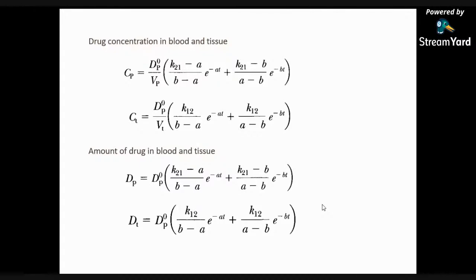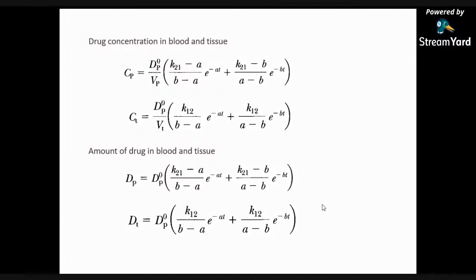And in case of the total concentration related to the tissue is equal to Dp upon Vt in bracket k12 upon b minus a into e to the power minus at plus k12 upon a minus b into e to the power minus bt.